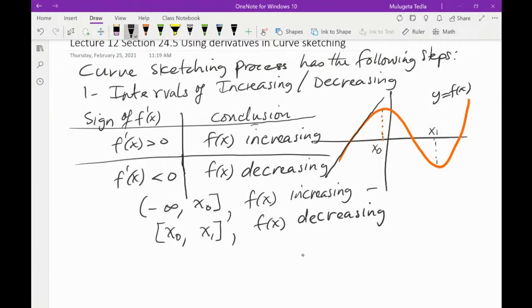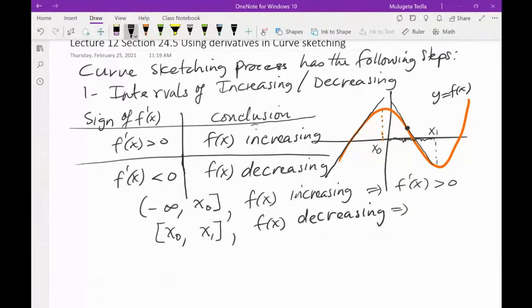This implies the derivative is positive for that interval. This implies the derivative is negative because the line would be like that. If you take a point in between these two intervals, the tangent line will be like that, so it's actually a negative slope.